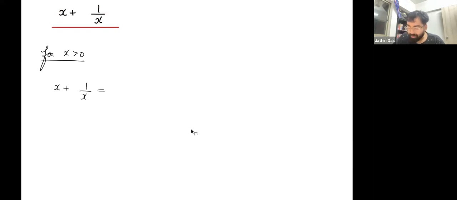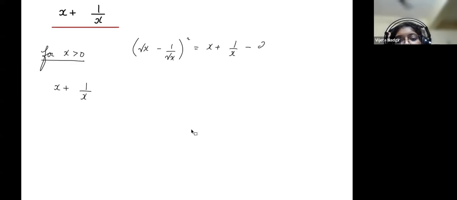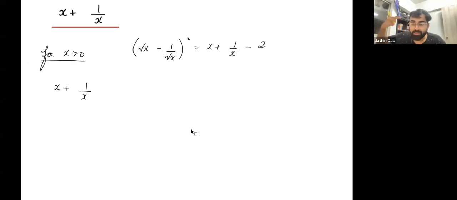Before going into that, root x minus 1 by root x whole square, what is it? It will be x plus 1 by x minus 2. Yes, because root x and root x will cancel in the A, B term.